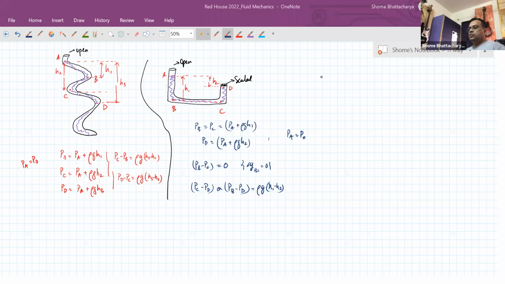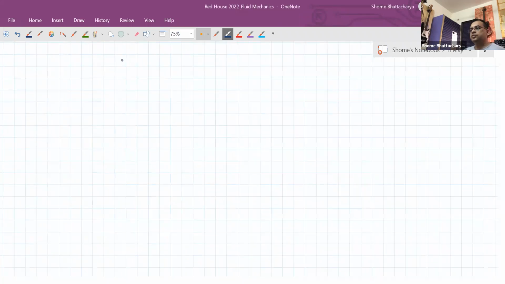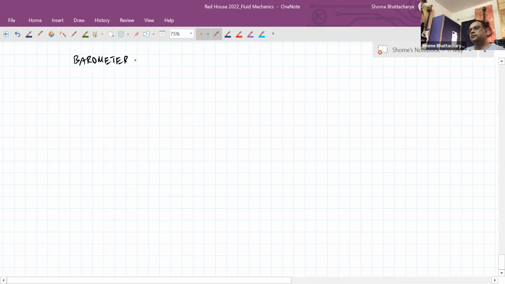Okay, so now let us understand two very simple devices that are used to measure pressure based on this principle. So barometer is the first example. It measures atmospheric pressure.